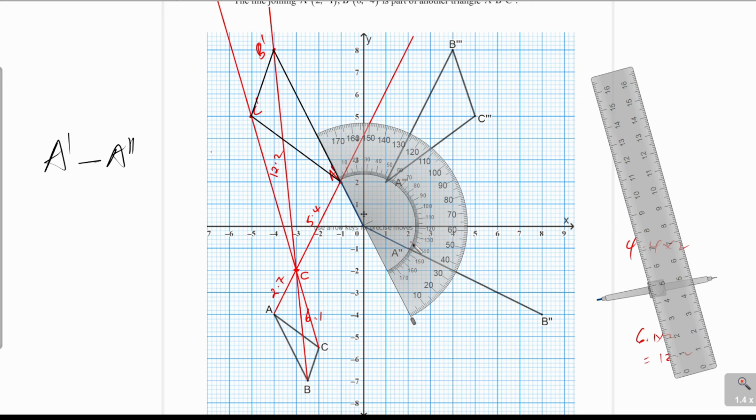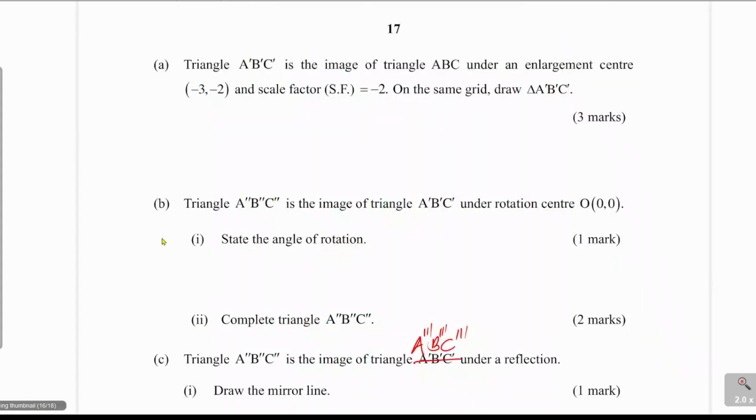So that is 144 in a clockwise direction. That is the angle. So this is how you're supposed to write the angle: 144 degrees in a clockwise direction.